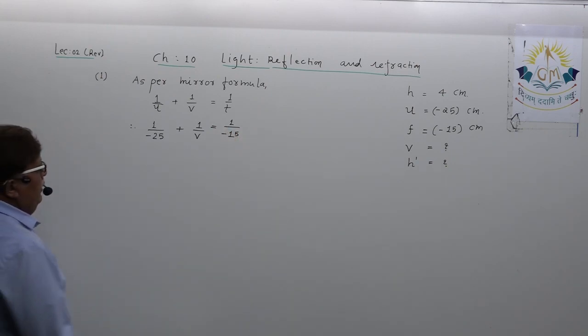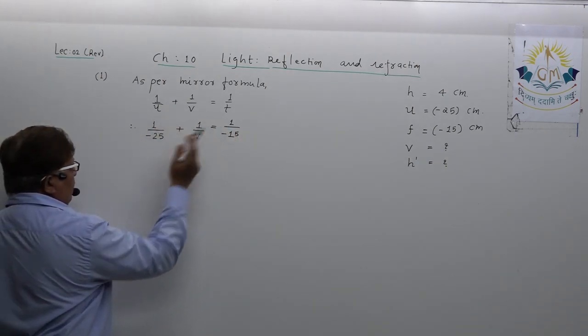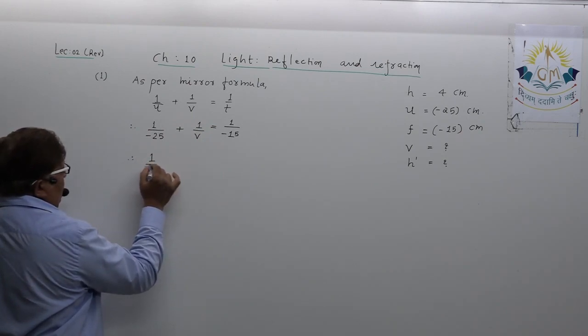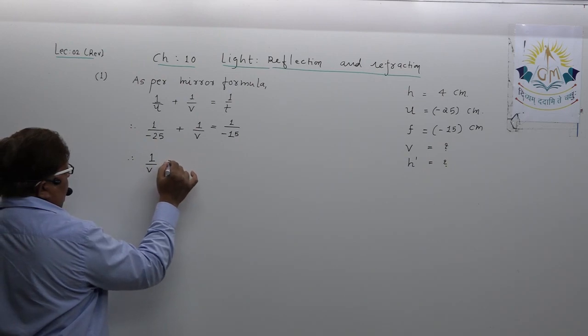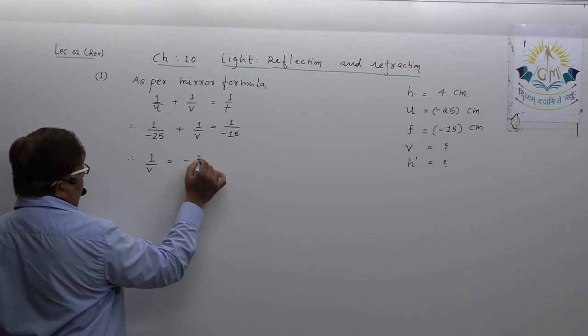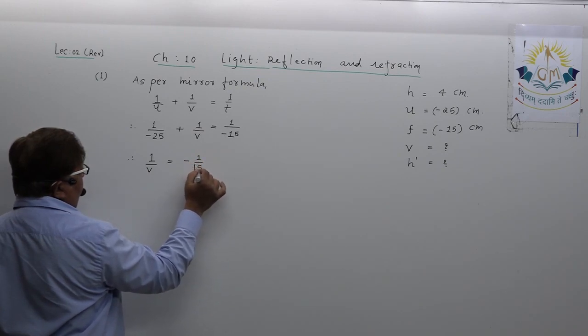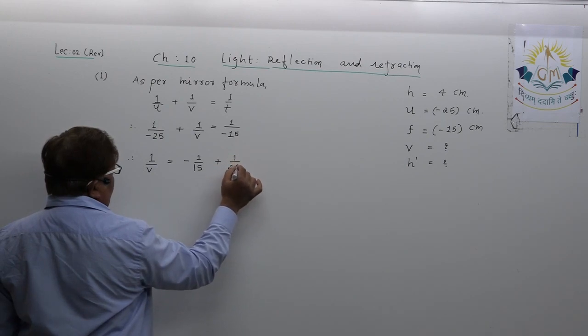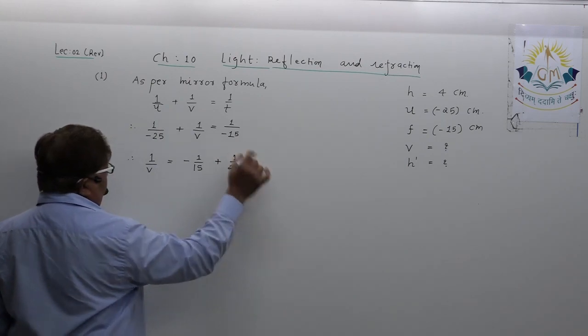Let us transfer this to the other side. So we get 1 upon v, and I am just putting the common sign: minus 1 upon 15, and this is to be transferred here, plus 1 upon 25.